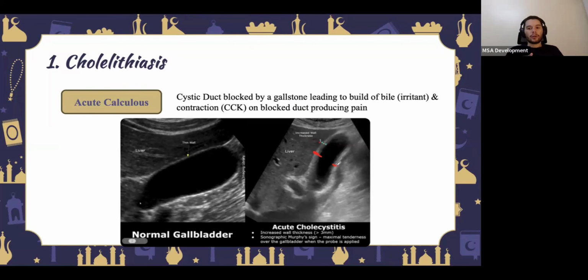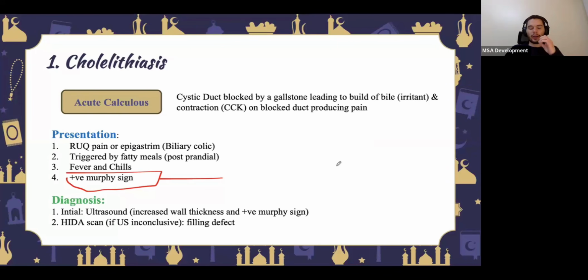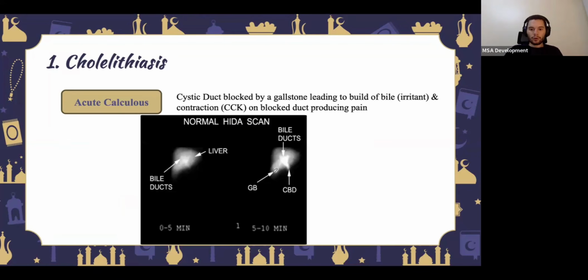But let's say your ultrasound findings were inconclusive. What would you do? You do a HIDA scan. A HIDA scan essentially introduces a radioactive substance into your blood, and this substance goes to the liver, passes through and gets into the hepatocyte and then gets released into the bile. Normally, you should see the gallbladder.